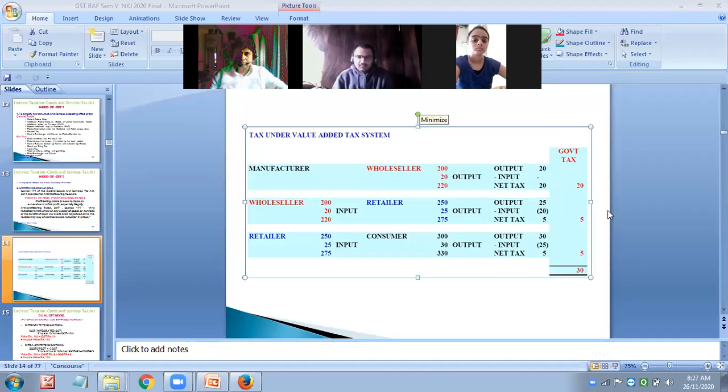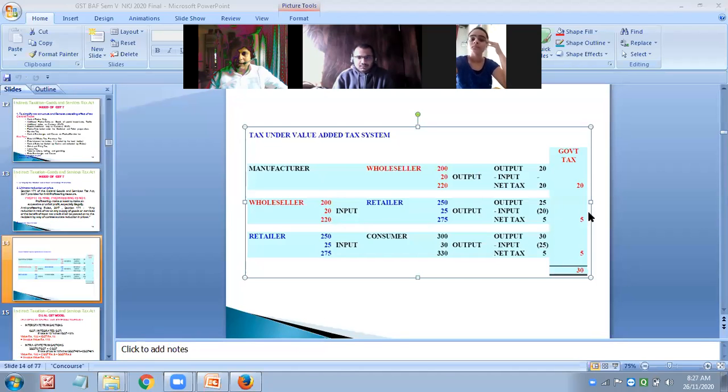So when the output tax liability of 25 rupees comes, the wholesaler will ask, boss, when I paid 220 rupees, it was inclusive of tax. 200 rupees is the value of the product and 20 rupees was the tax I paid to the manufacturer. Am I right? So this 20 which I have paid was my input tax credit from the government.